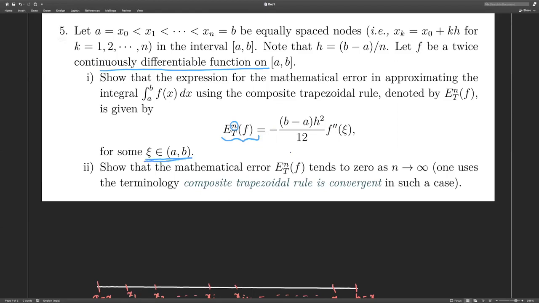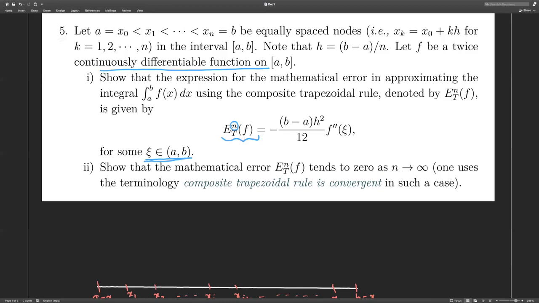And further, for each n, if you consider this error of f as a real number, then you can see that we have a sequence of real numbers. And the second part of the problem says that this sequence converges to 0 as n tends to infinity.